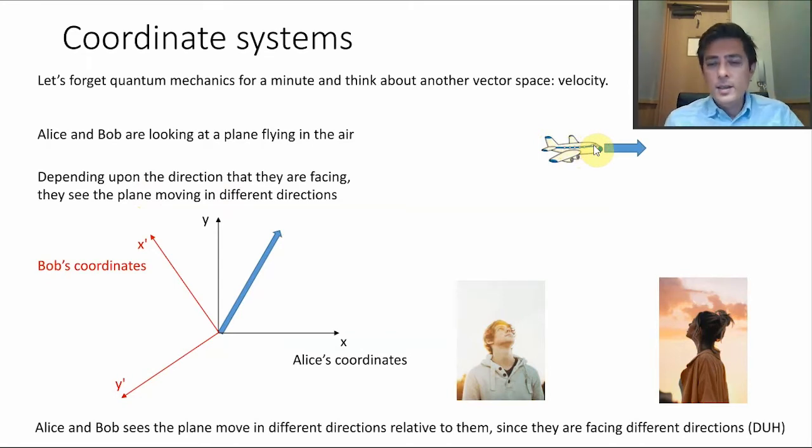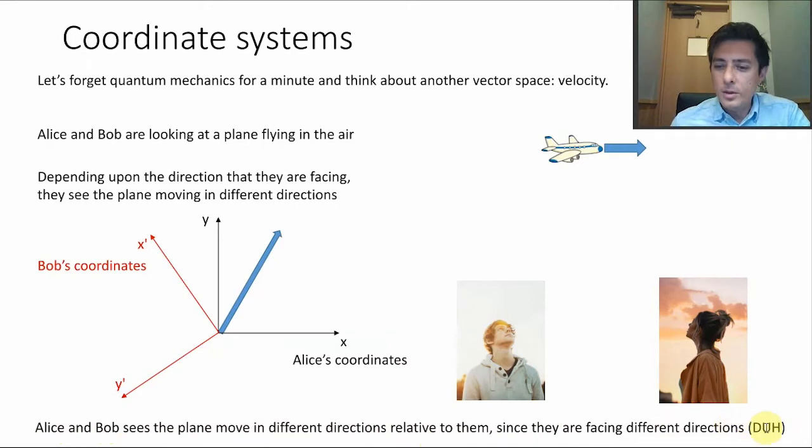Obviously, because they're standing in different directions, relative to what they are seeing, the plane is going in different directions. So this is a perfectly obvious thing: Alice and Bob see the plane move in different directions relative to them since they're facing different directions.